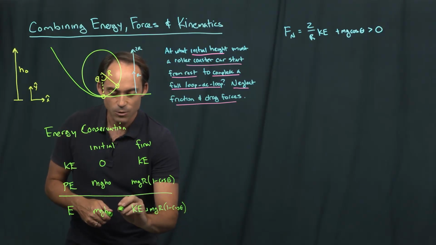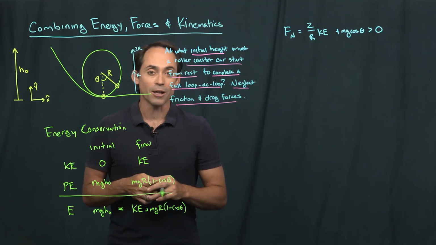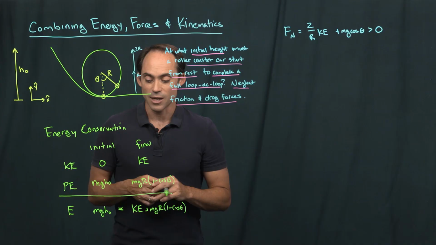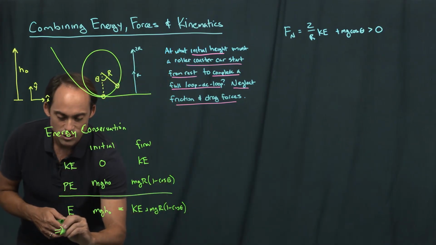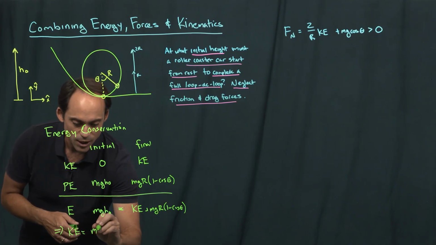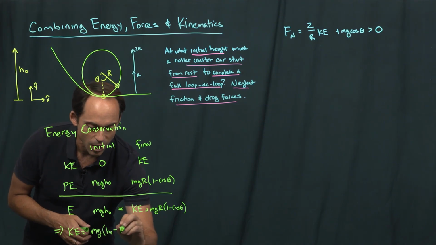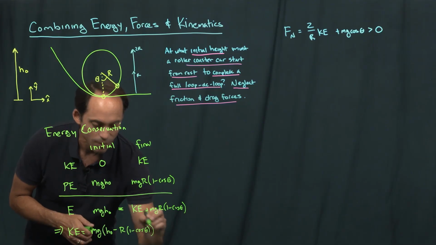And again, it's equal because we don't have any dissipative forces, and so we're not worried about losing any of the energy to those dissipative energy sources. So we can set those two equal to each other, and then of course that means we can solve for our kinetic energy as just mg times h naught minus r times 1 minus cosine theta.